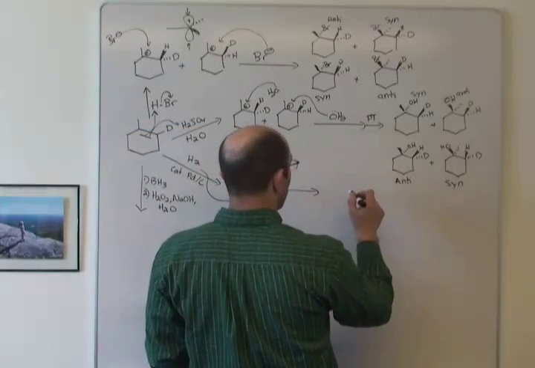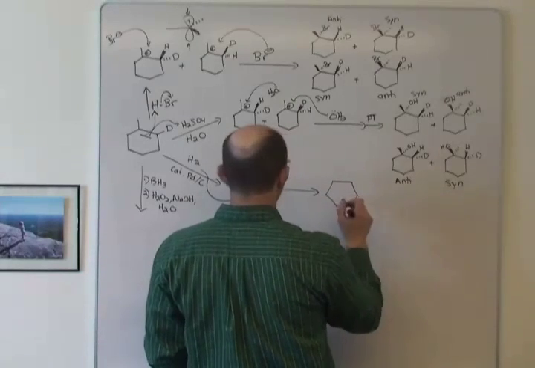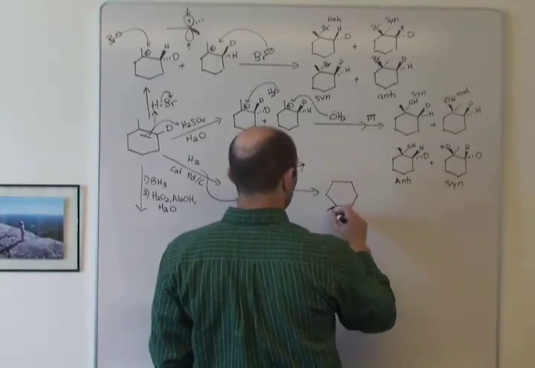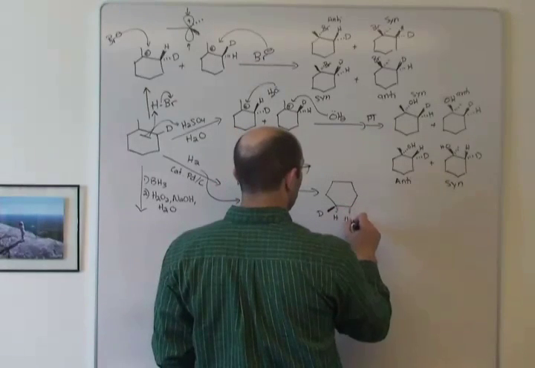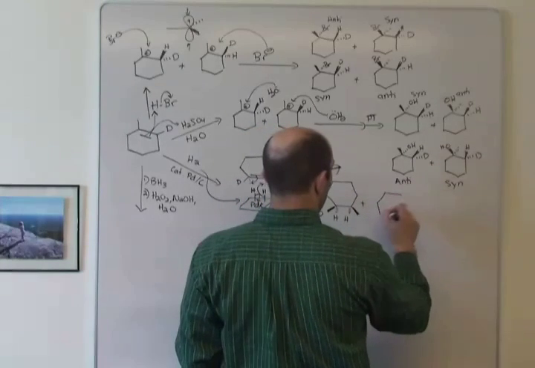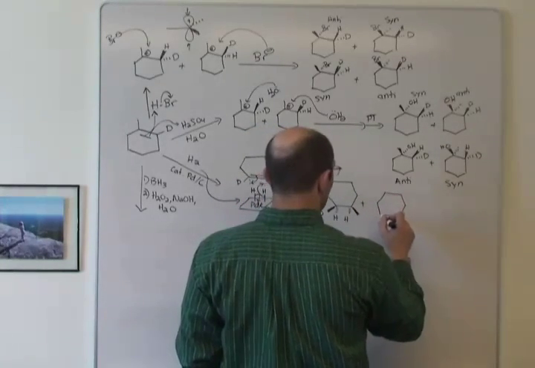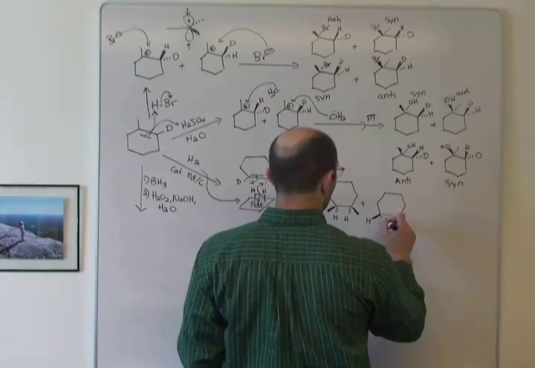So when you draw out what you're going to get for the product, you can have the H's adding from the back, and you can have the H's adding from the front.